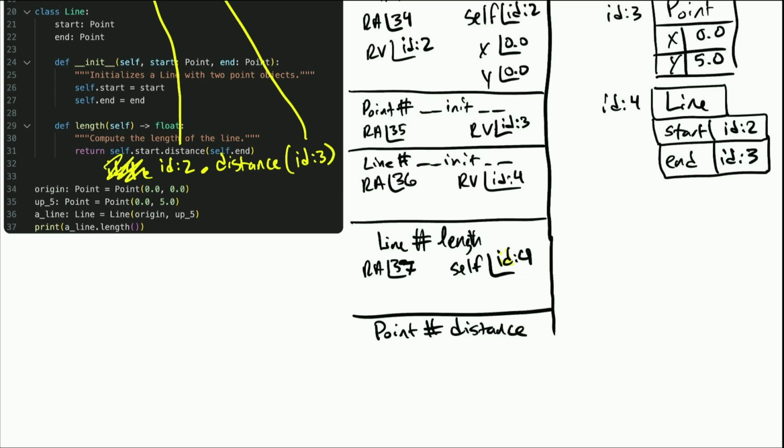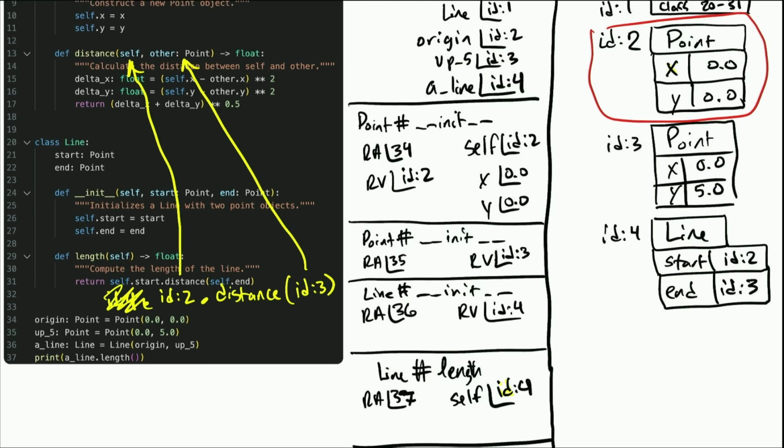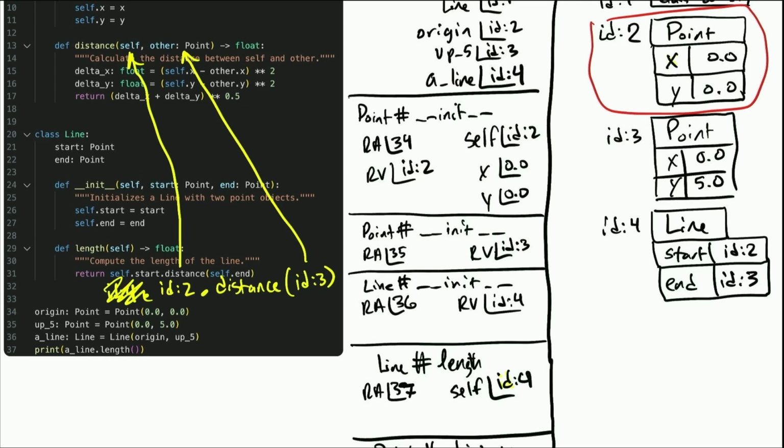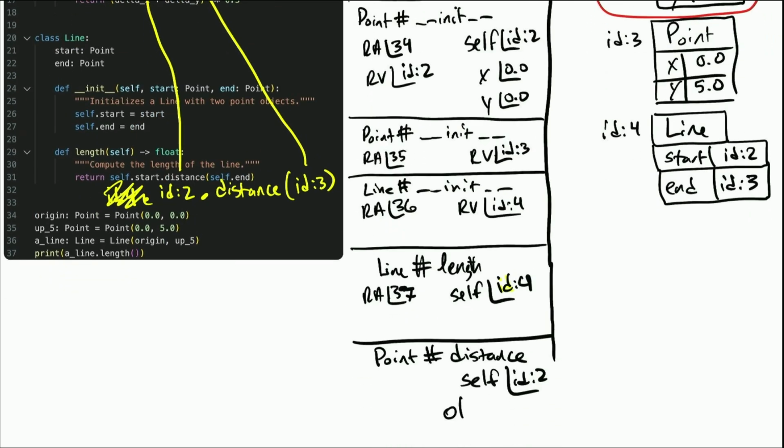And the point distance method is being called on a self of ID2, right? And that's the point ID2, 0, 0. And it has an other parameter, so other. And we saw that this ID here, self.end, has the ID3, so that's ID3.